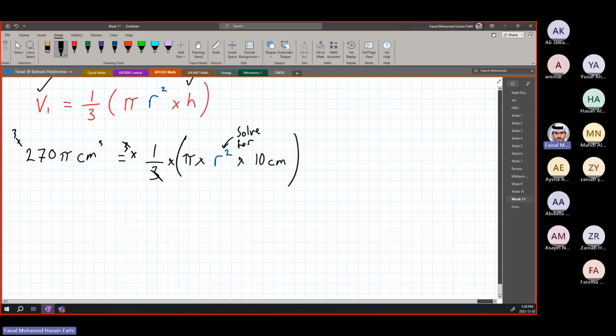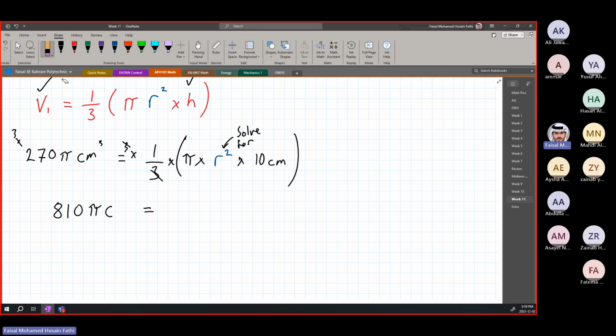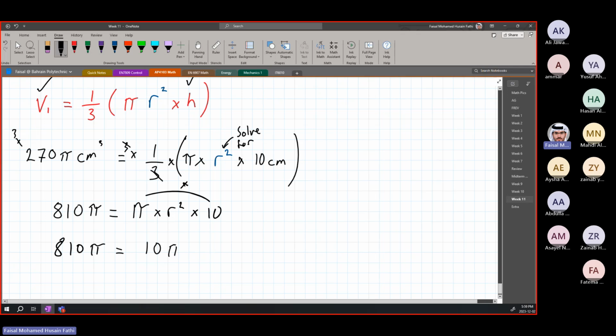This is just algebra now. 810 pi centimeter cubed is equal to, now let's remove the centimeter cubed so we can just solve the math part. 810 pi is equal to pi times R squared times 10. Let's multiply them directly: 810 pi is equal to 10 pi times R squared.